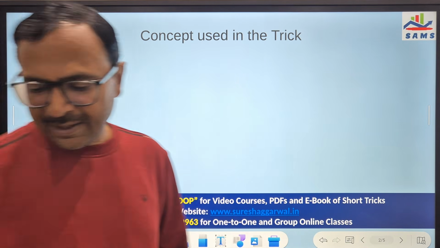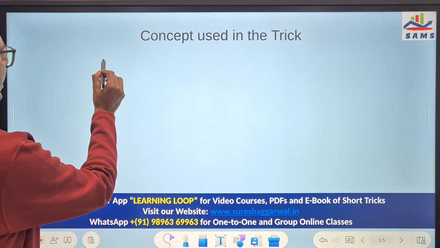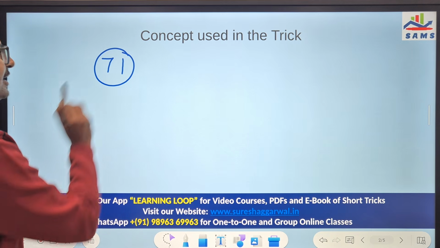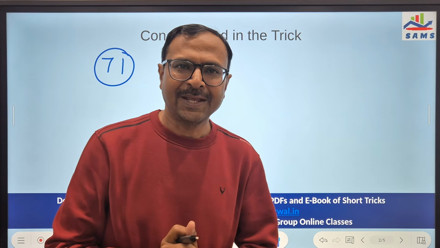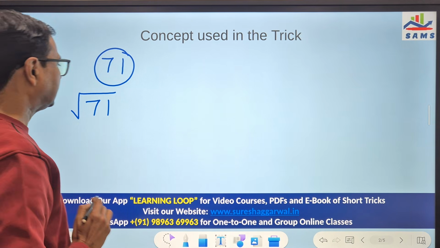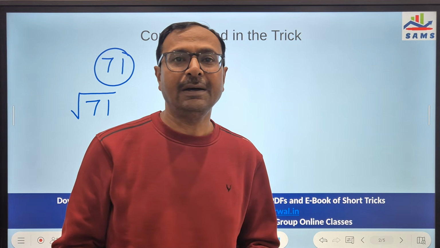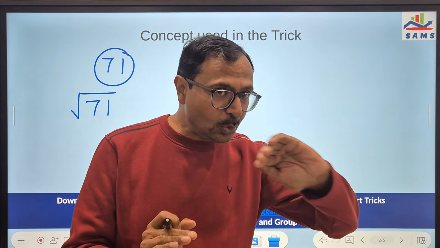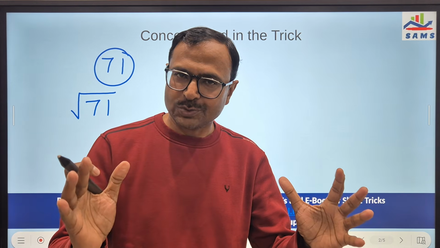Now suppose I have a number like 71. Now 71 is not a perfect square number, right? So what do I do? To find the square root of 71, I will first find a number very close to 71 but below 71, which is a perfect square.